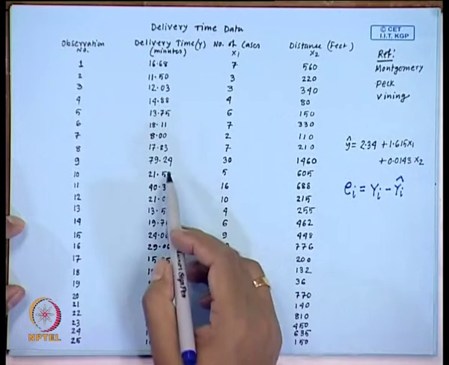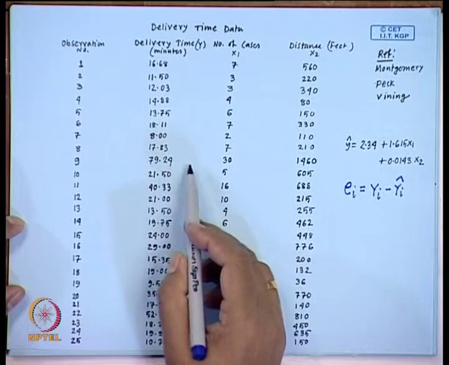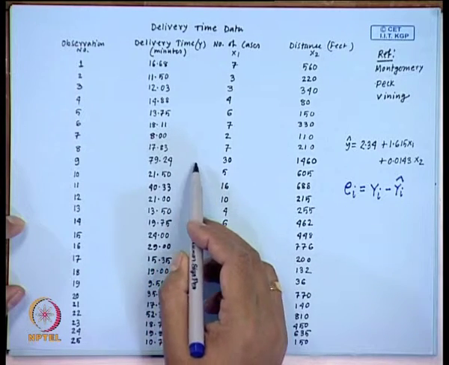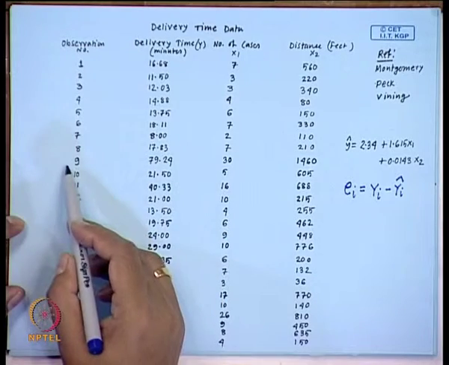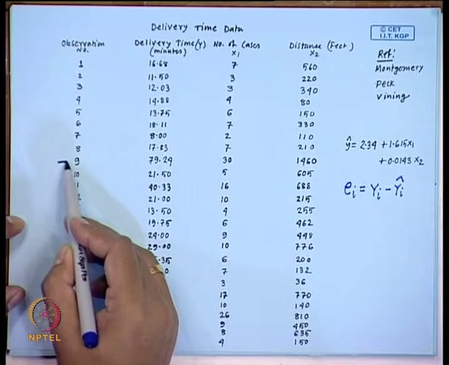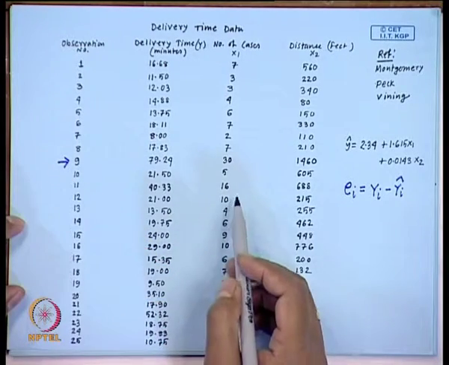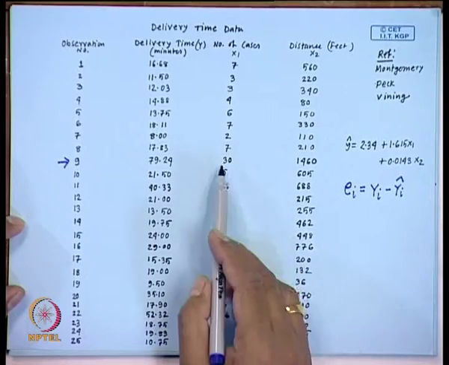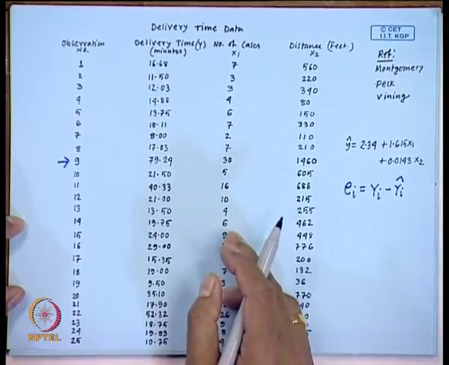Okay, so the ninth observation seems to be a leverage point or an influential observation.